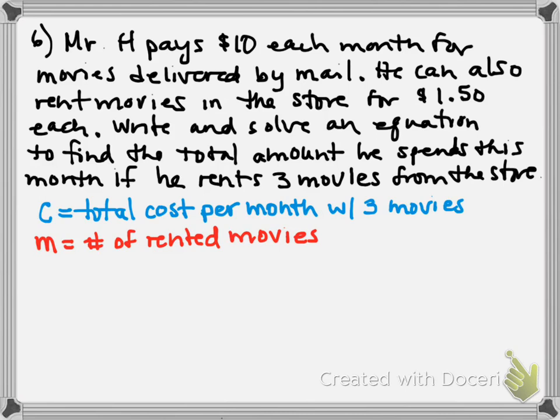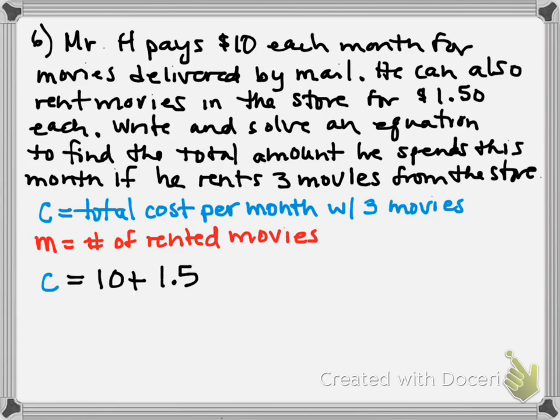Okay, what would my equation look like if C is the total cost per month with the 3 movies and M is going to be the number of rented movies? How are we going to write our equation? Brandon? 10 plus 1.50 equals C. Okay, so I'm going to put the C first because that's actually what I'm trying to solve for. So C equals, and then tell me again. 10 plus 1.50, C equals M?